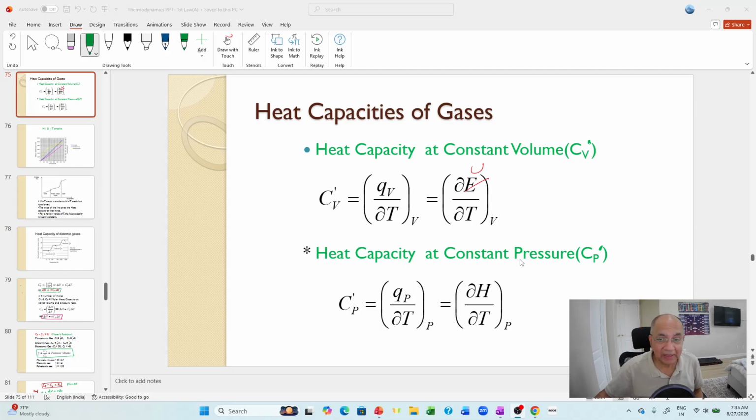Now, enthalpy change is actually the heat absorbed or evolved during a process at constant pressure. That was the starting point of enthalpy. This change, enthalpy change, del H, is the heat absorbed or evolved at constant pressure.